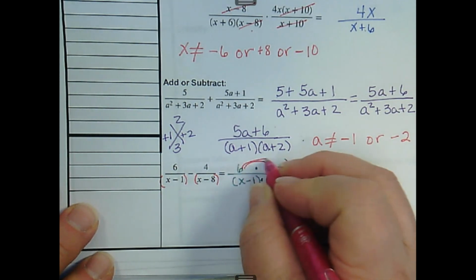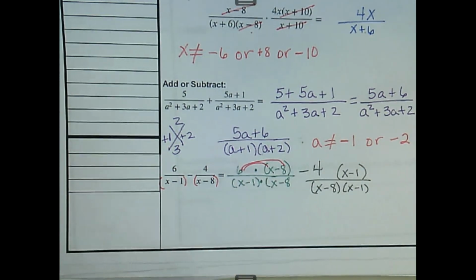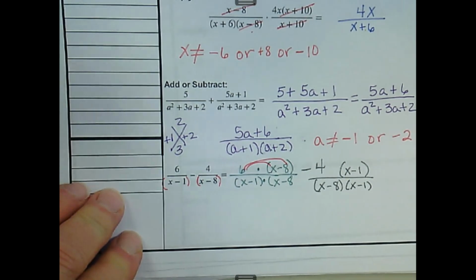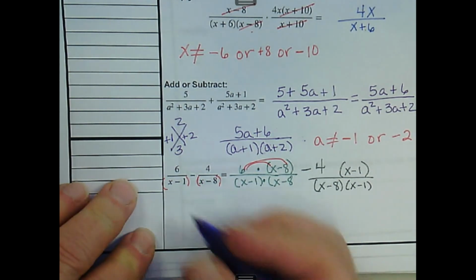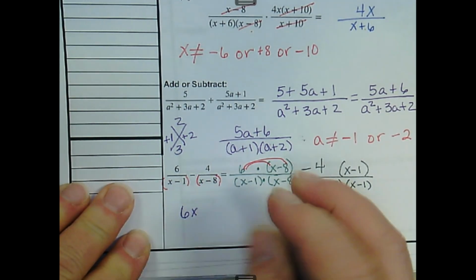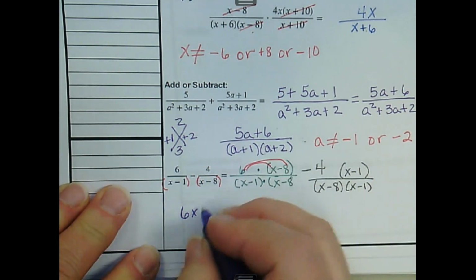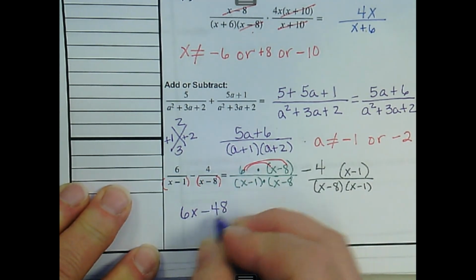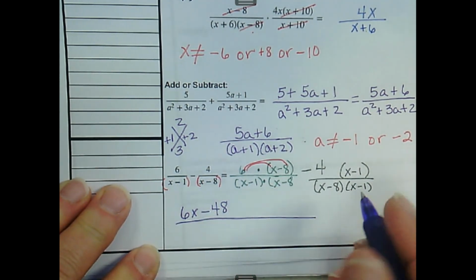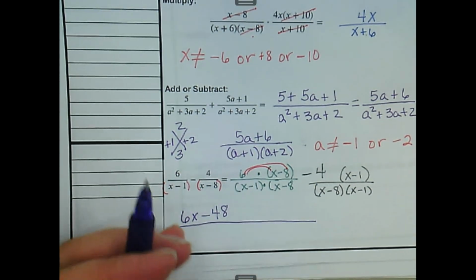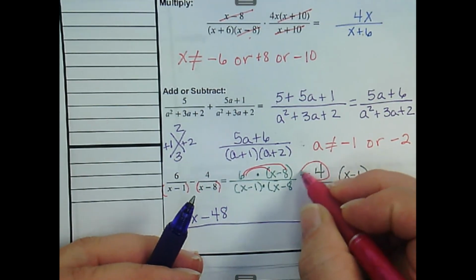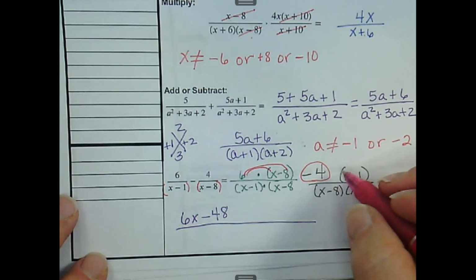Distributive property. 6 times x is 6x. 6 times negative 8 is negative 48. This time I'm going to use the negative 4, so I don't have to change signs.